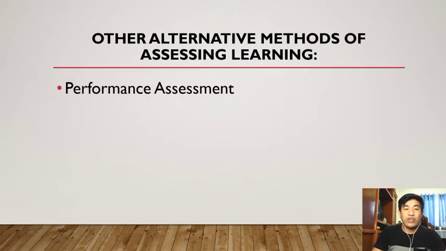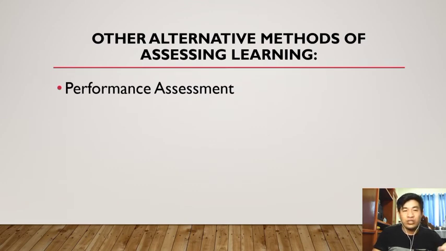So, other alternative methods of assessing learning. So we have performance assessment. This type of assessment focuses on the performance of the students, meaning the teacher's way of assessing the students' learning is through performance. So an example is the teacher teaching ESP, Edukasyon sa Pagpapakatao, and she teaches more on the value of honesty.